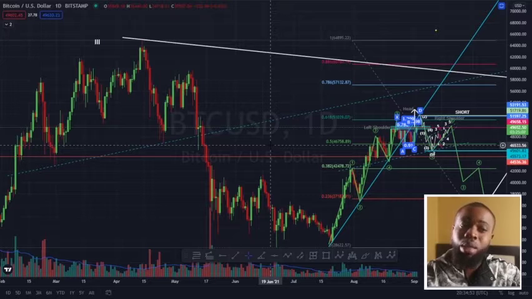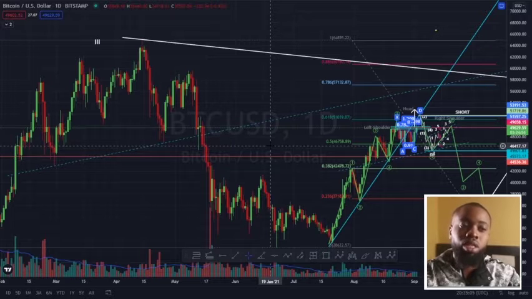Maybe not as deep as is to be expected, but my pathway into a correction. I'm also going to give you a special harmonic pattern which is currently playing out in the charts. You make of it what you want to make of it. Obviously, this is not financial advice. So just sit back, relax, and enjoy the analysis.